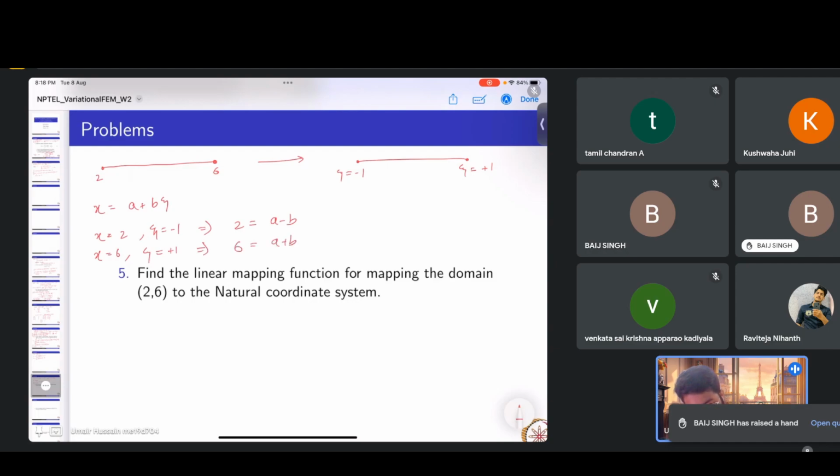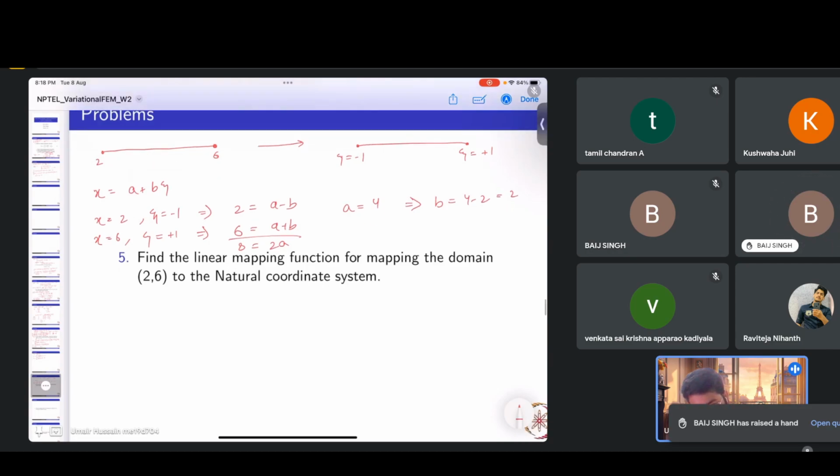If we add the equations, we have 8 equals 2a. So we get a equals 4, and if we substitute back into the equation, b equals 4 minus 2, we get 2. So our mapping function becomes 4 plus 2 zeta.